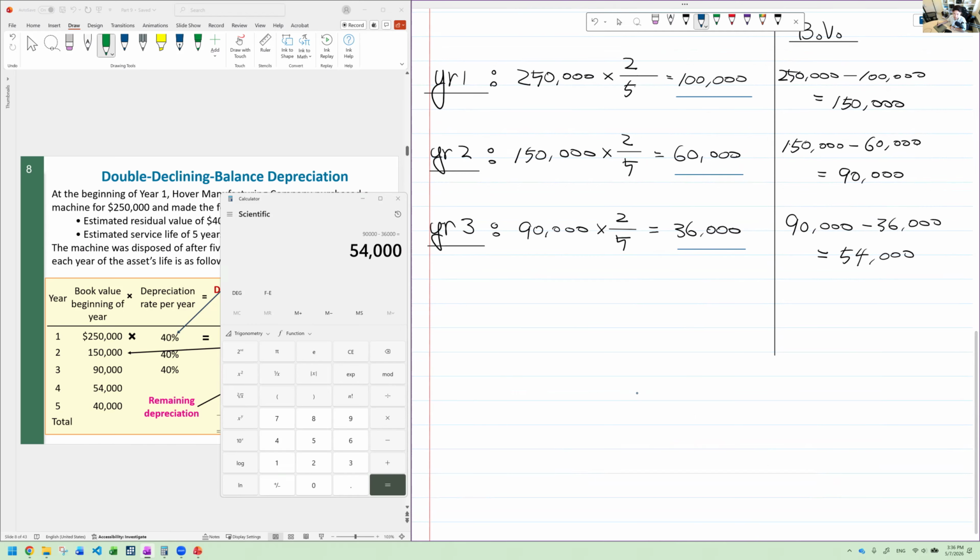All right, let's do year 4 depreciation expense. All right, so the book value decreased to $54,000 as of year 3. We're going to multiply by 2 over service life. So $54,000 times 2 divided by 5.